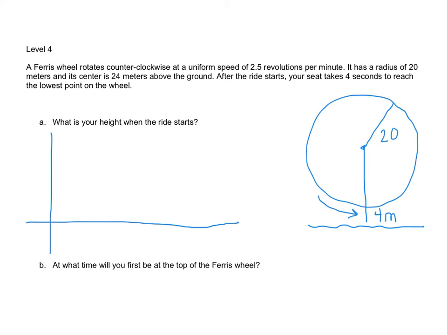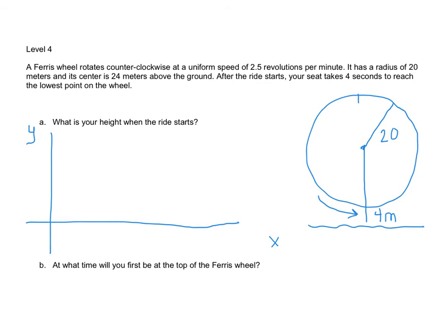First of all, you'll want to know what your maximums and minimums are. If it takes 4 seconds to get to the lowest point on the Ferris wheel, you would have to figure out where you'd start on this x-axis and what the lowest point on the wheel is. And then you'd also want to know what the maximum height is on this Ferris wheel as well.